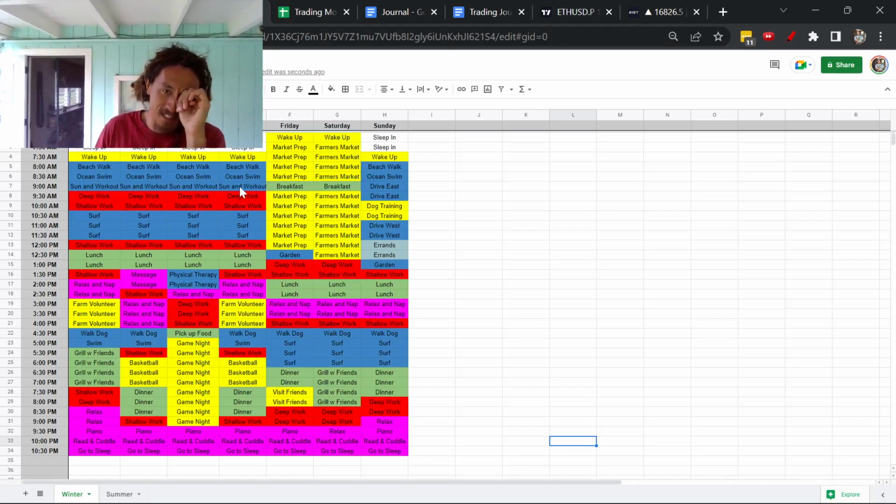But the high-level idea of my life: yellow are things that are primarily social, blue are things that are primarily exercise but are also often social, and the yellow things are also often active as well. I'm extremely active.